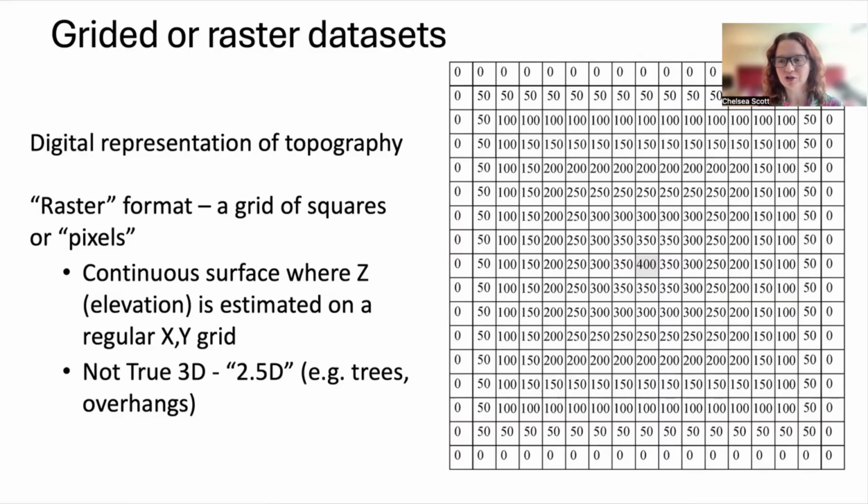A digital surface model is one of multiple types of data that is gridded, or sometimes called a raster dataset. This is a digital representation of topography, and in this case, the elevations are presented as a grid of squares or pixels.